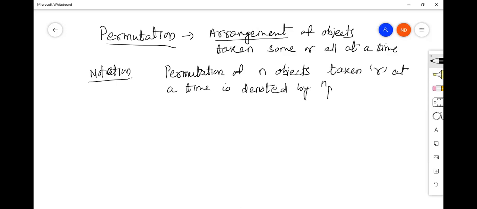We write it like this, or in some books you will find it written like this also. So, the permutation of n objects taken r at a time. Whenever we say taken r at a time, r should be less than or equal to n. It means r cannot be more than n.